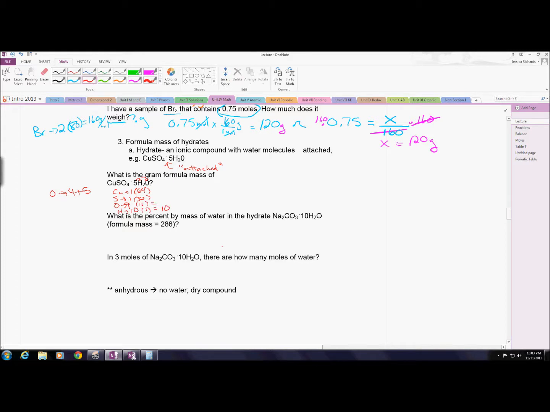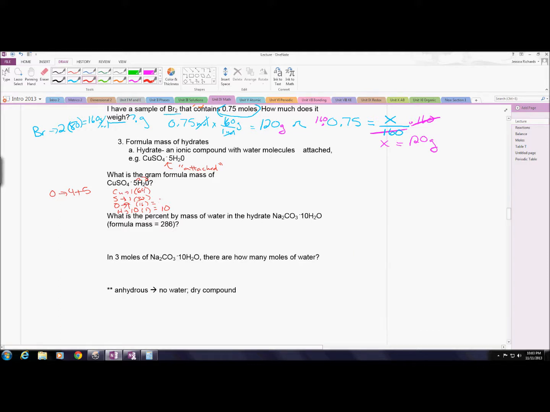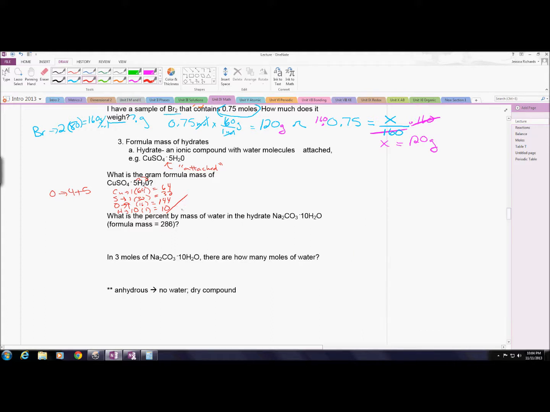So 10 hydrogens, and 9 times 16 again, 144, and 1 at 32 and 1 at 64, and then we add all of these things together. So 64 plus 32 plus 144 plus 10, and that gives us a total formula mass of 250.